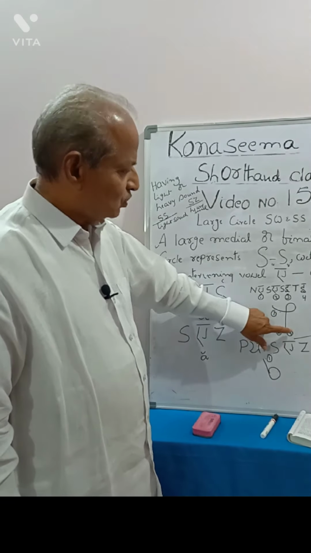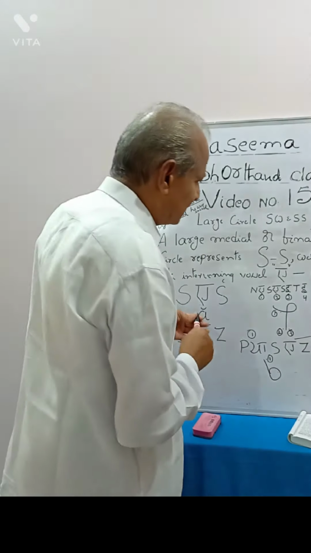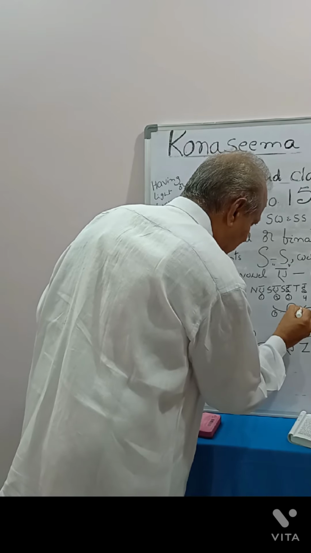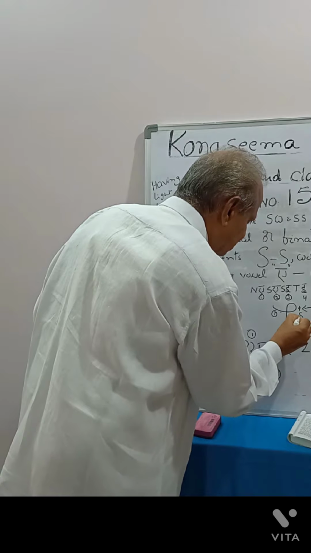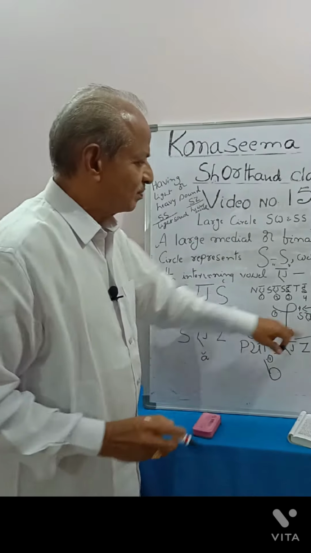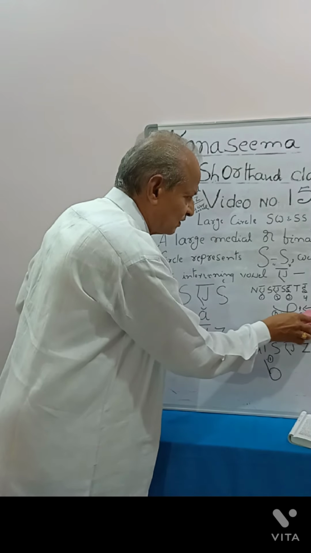What will be the fourth vowel? The fourth vowel is implied here by necessity, like this. This is implied. It is not necessary to write this vowel.